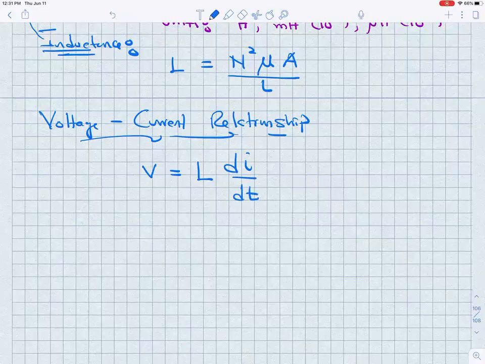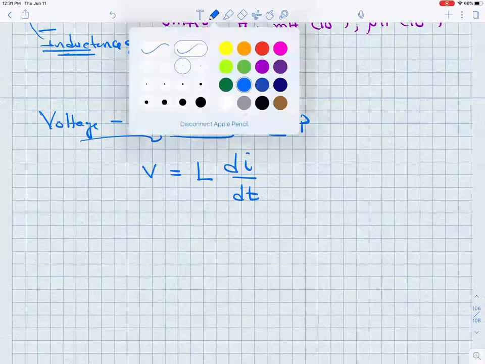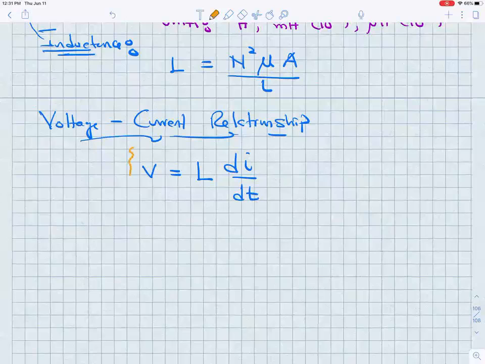If you remember, for the capacitor, we have I equal to C dV/dt. For the inductor, the voltage is equal to the inductance multiplied by the first derivative of the current.